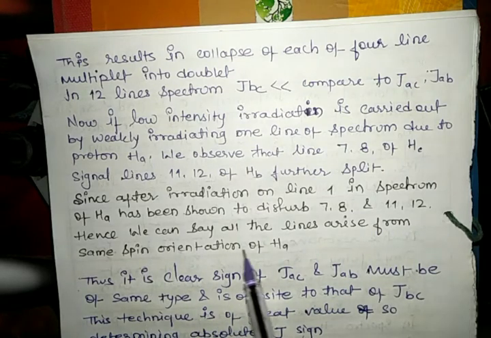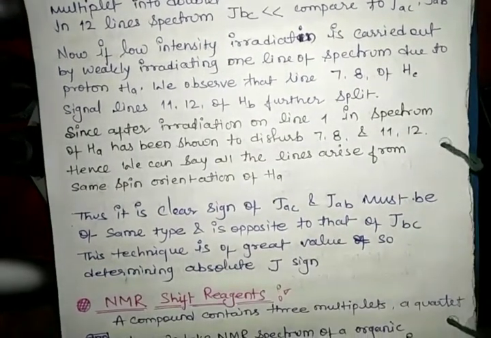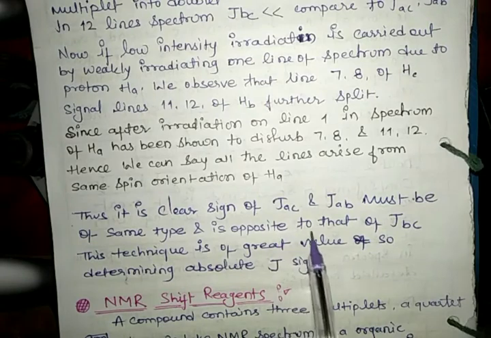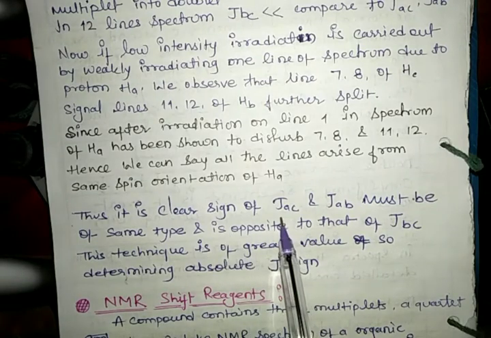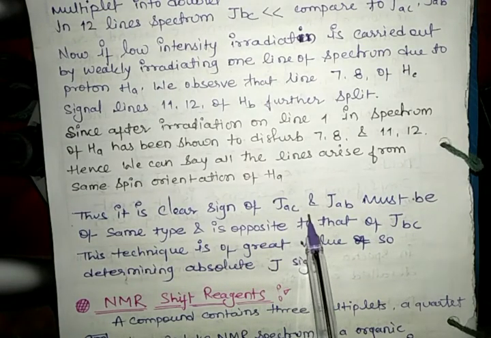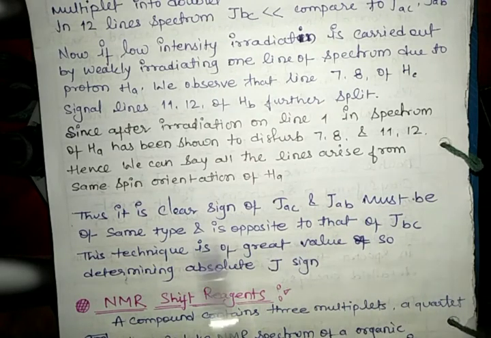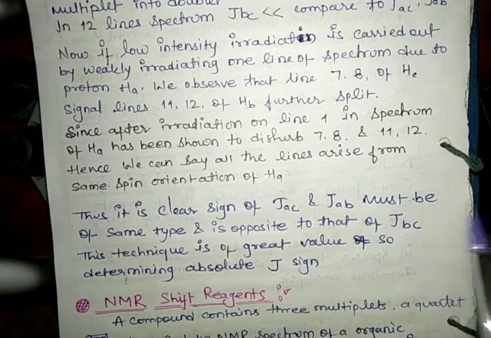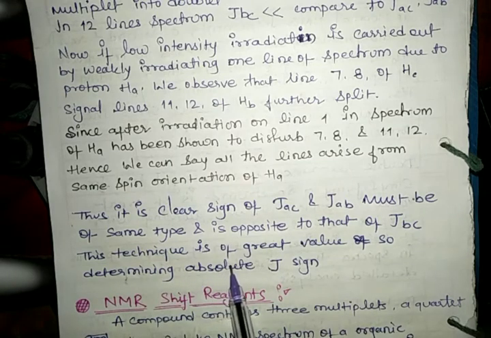Hence we can say all these lines arise from the same spin orientation of Ha. Thus, it is a clear sign that the coupling constant of A and C protons and the coupling constant of A and B protons must be of the same sign and opposite to that of the coupling constant of B and C protons. This technique is of great value in determining the absolute J sign.